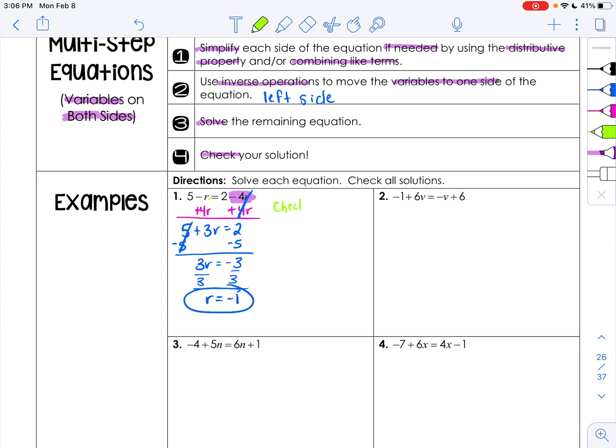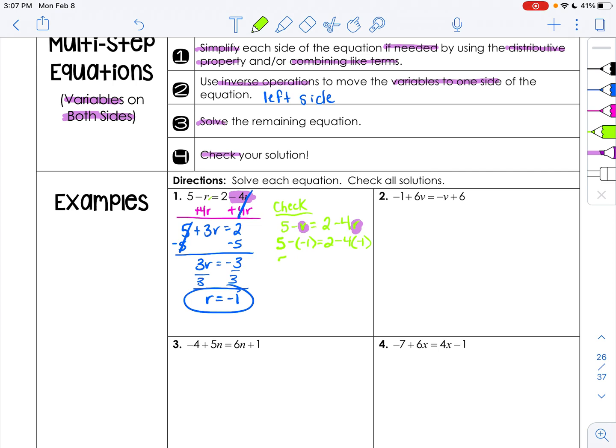So starting with our original equation, 5 minus r equals 2 minus 4r. We're going to replace both of these r's with negative 1 because I think that's what my answer is. Now make sure when you replace it, you're putting that negative 1 in parentheses. So it'll be 5 minus parentheses negative 1 equals 2 minus 4 parentheses negative 1.